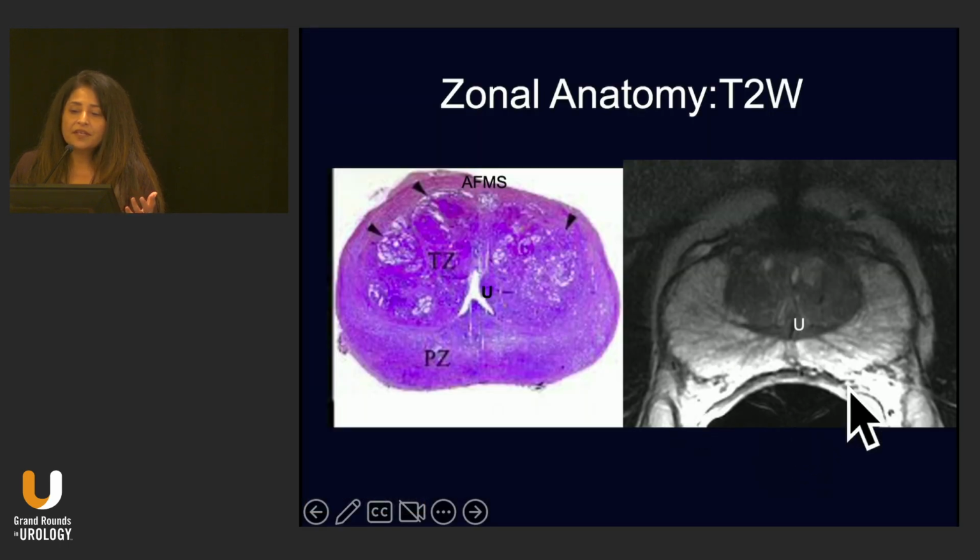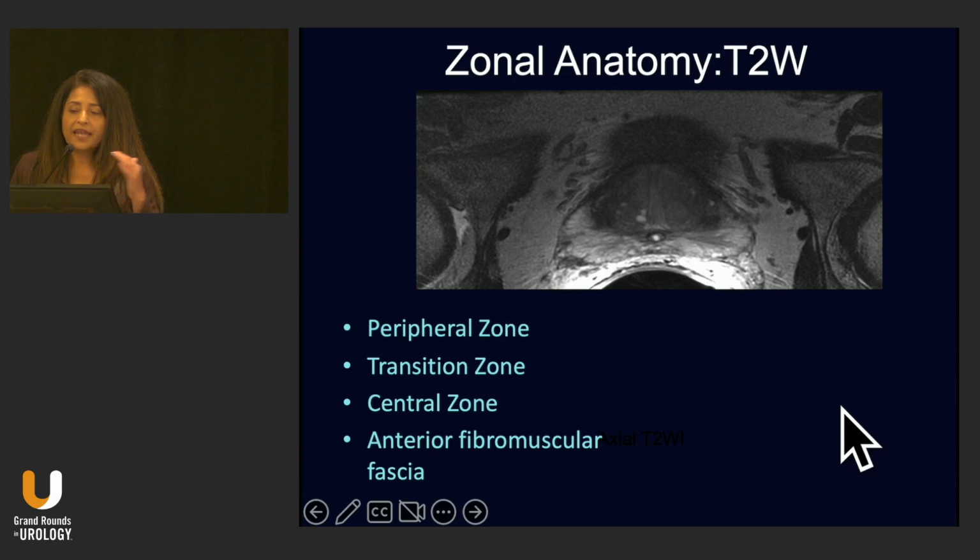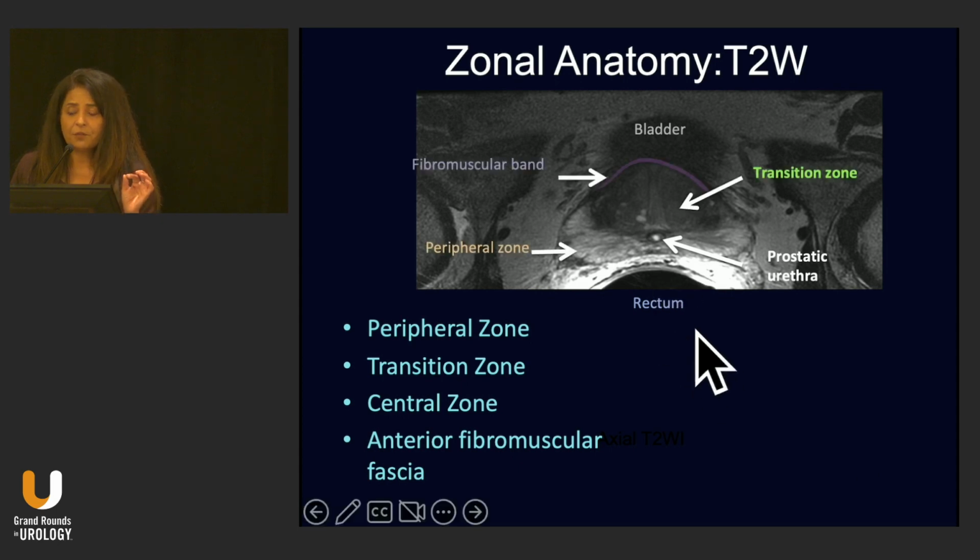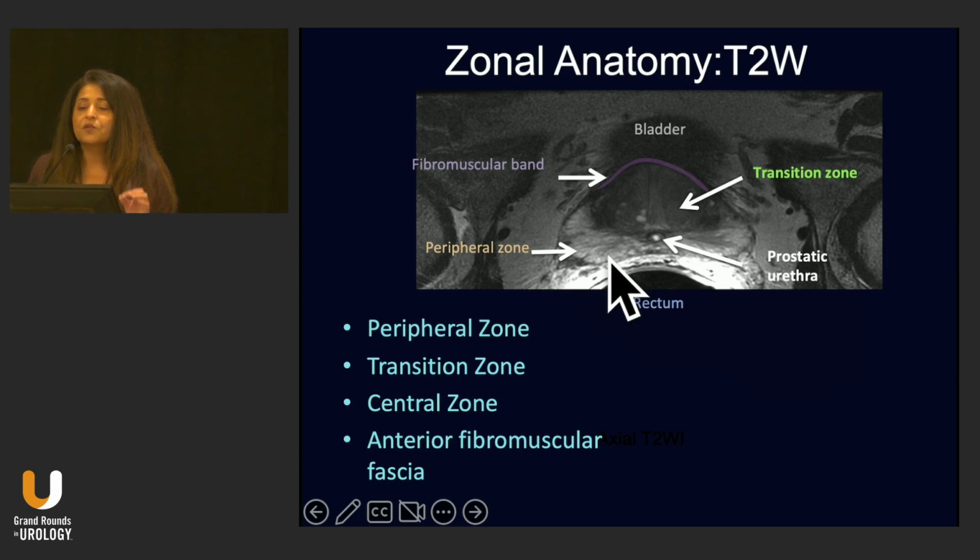And here is an example where you can see the urethra in axial view, the transition zone, the peripheral zone, the anterior fibromuscular stroma. I'll go through a little bit about the zones. So here, you've got the prostatic urethra in the center, the rectum in the back here. And then the fibromuscular stroma, the transition zone, and the peripheral zone, which is nice because on T2-weighted images, peripheral zone is bright.